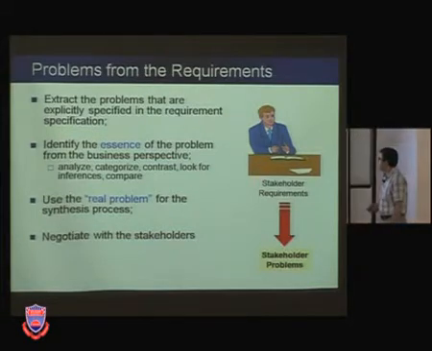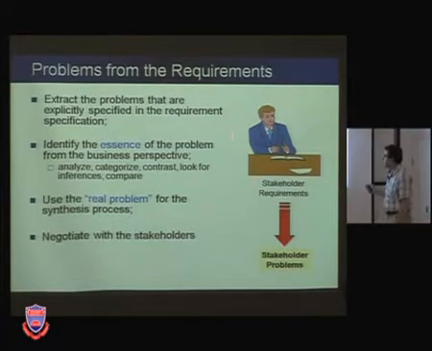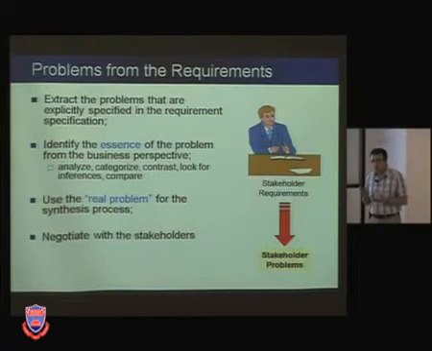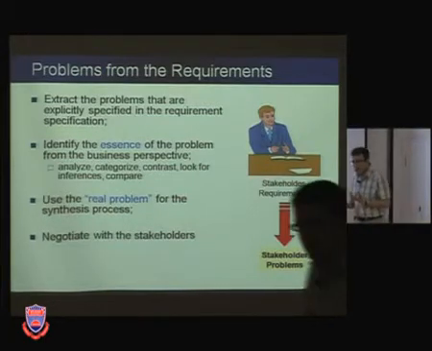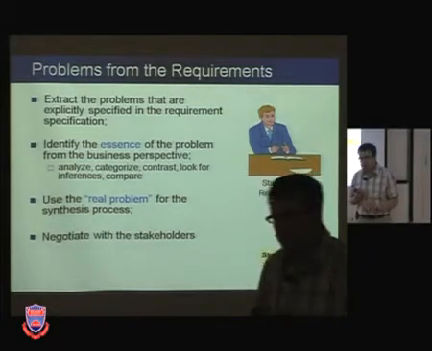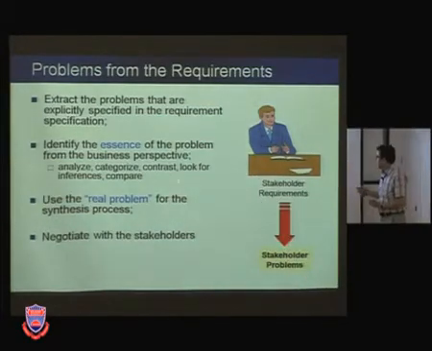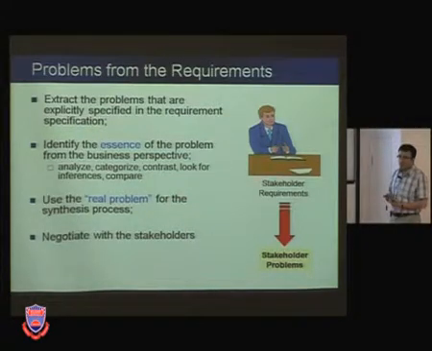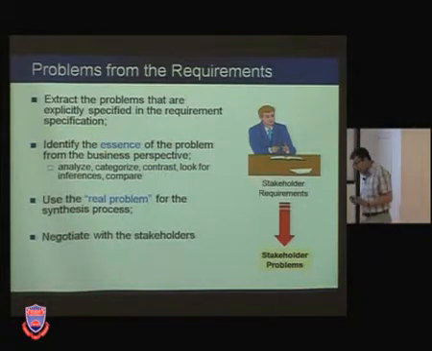The problems from the requirements. These are the stakeholder requirements. Here we try to identify the essence of the problem. We analyze, categorize, contrast, compare. It's not just a view of the stakeholder, but we try to define the concerns.